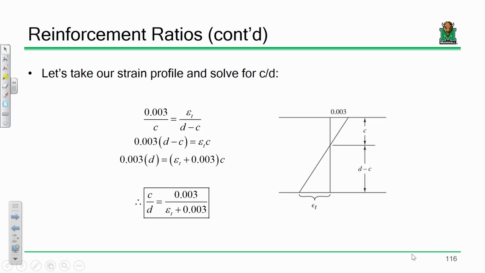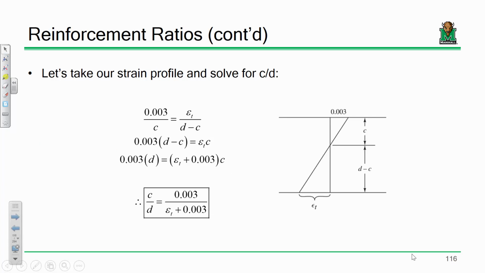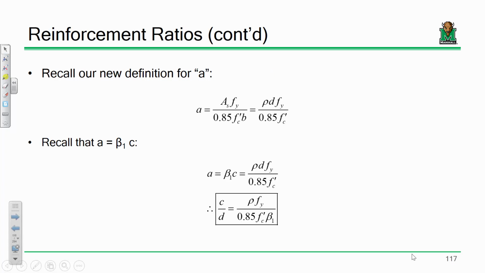I could say, okay, plug in a strain value of 0.01. That gives me a c over d ratio. I can take that c over d ratio, compare it to this, because remember, a equals beta 1 times c, and I can say, okay, if I know my target strain value, it will give me this. This can tell me what my reinforcement ratio needs to be. So that's one way of designing.